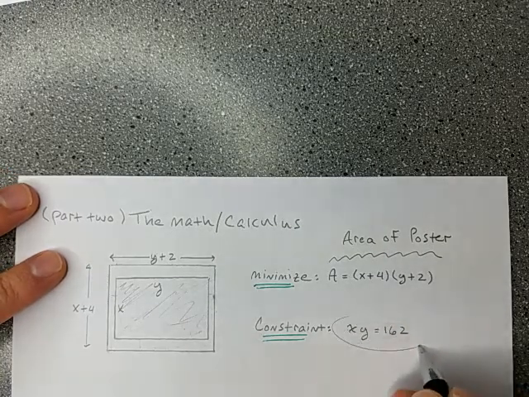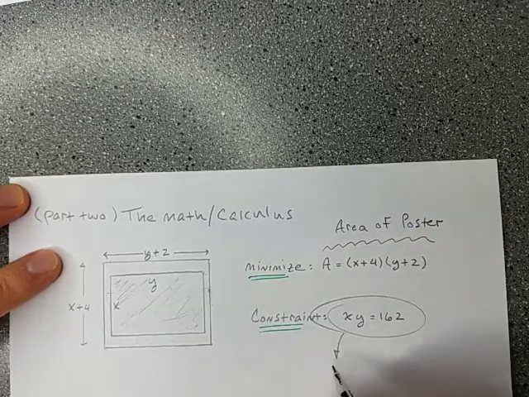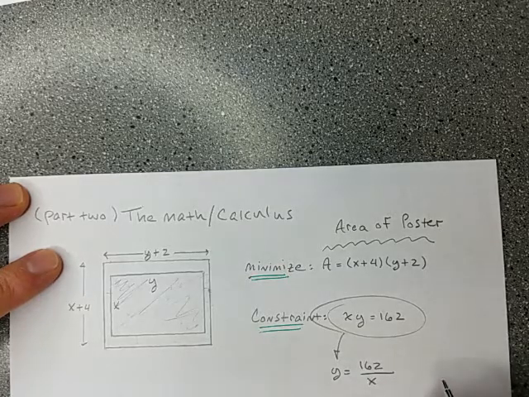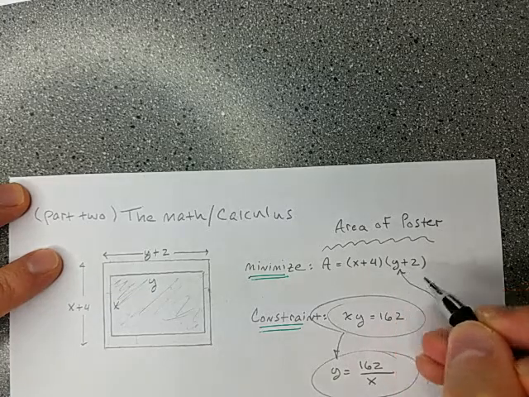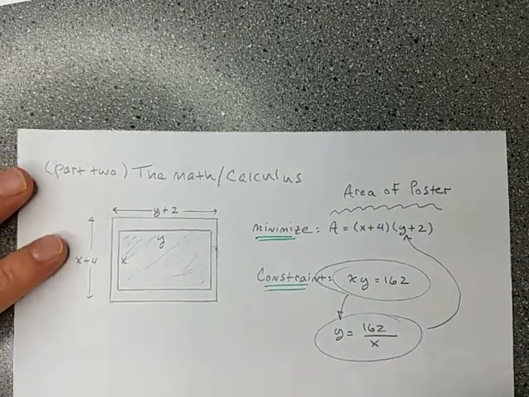So we'll take the constraint and work it around: y is 162 over x, and then we can put that in right there, which reduces it to a function of just x.